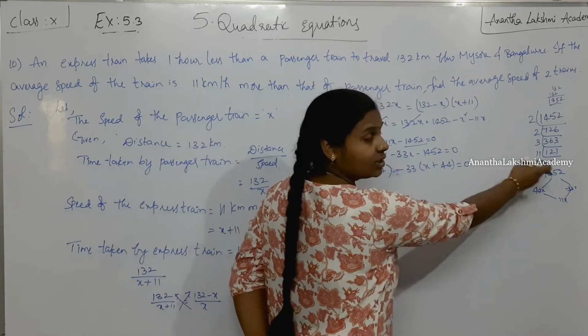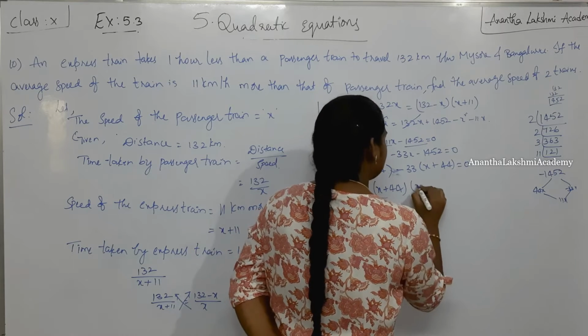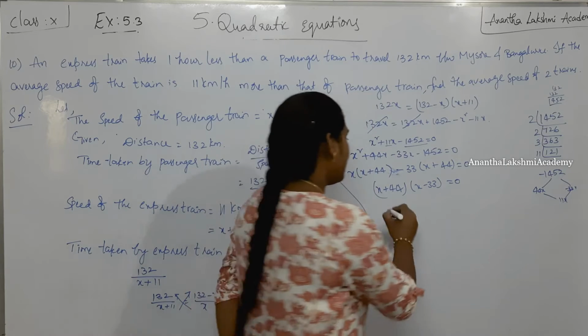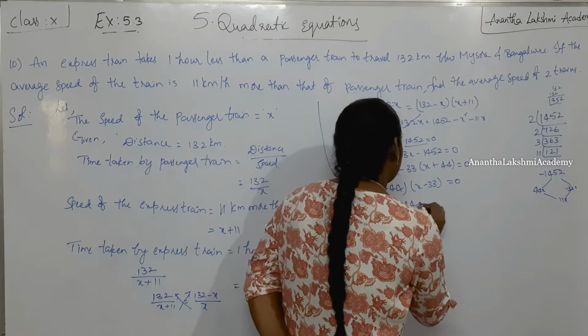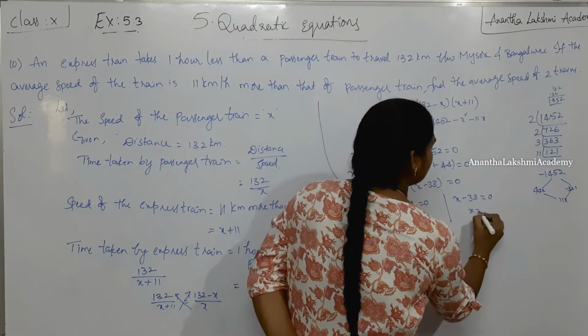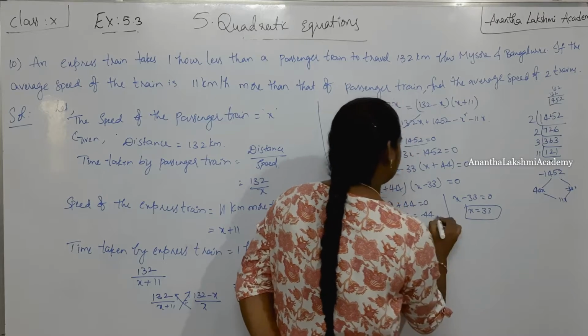That is what we figured out here, no? x plus 44 into x minus 33 is equal to 0. So x plus 44 is equal to 0 or x minus 33 is equal to 0. x is equal to 33 and x is equal to minus 44.